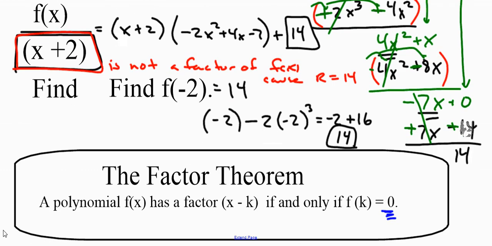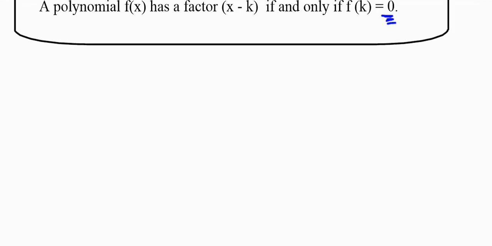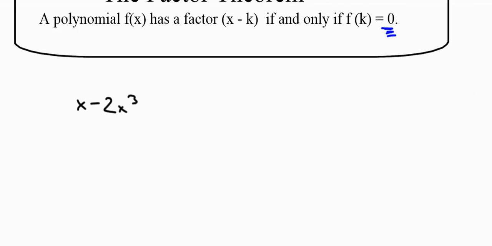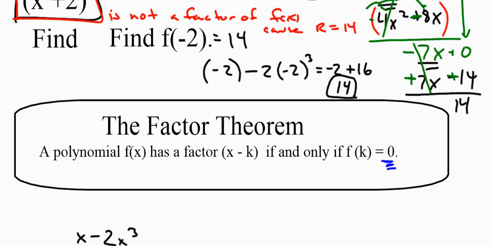So right here, we get the same answer. We're going to take our f of x, x cubed minus 2x squared minus 1, over x plus 2.